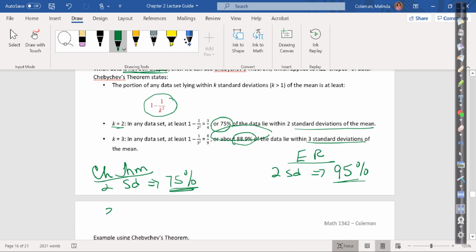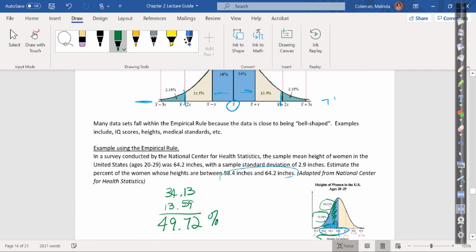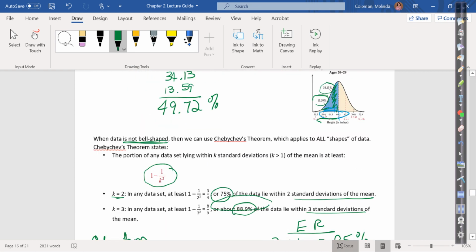Same thing with 3 standard deviations. Using Chebyshev's, you only hit about 88.9% of the data, versus the empirical rule, where 3 standard deviations hits about 99.7% of the data.